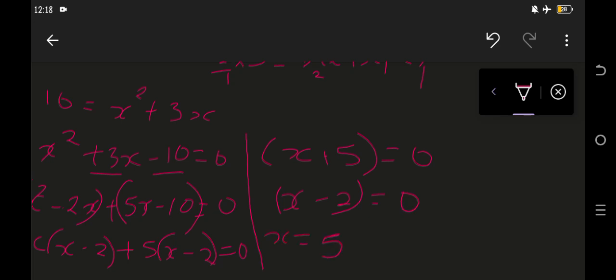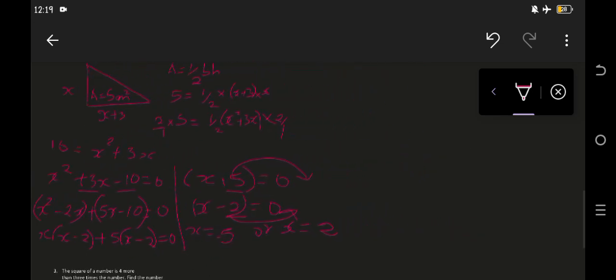negative 5 because positive 5 is going to cross over, and x will be 2 because negative 2 is going to cross over. Now let us find the base, x plus 3. So x plus 3 will be negative 5 plus 3, which is negative 2.